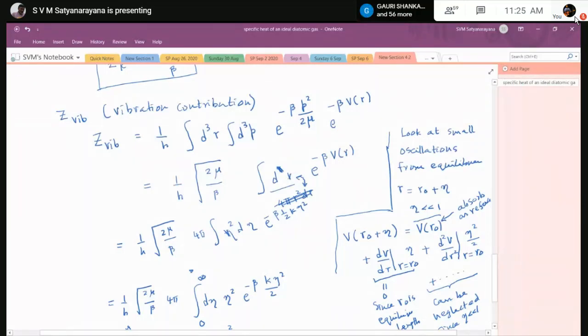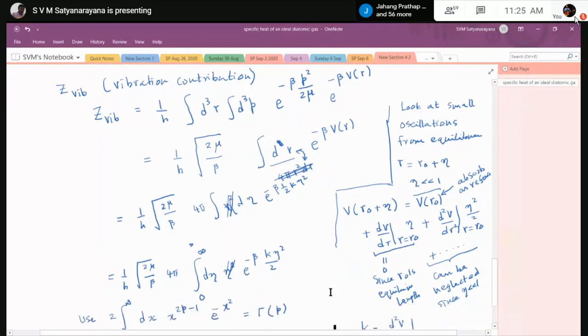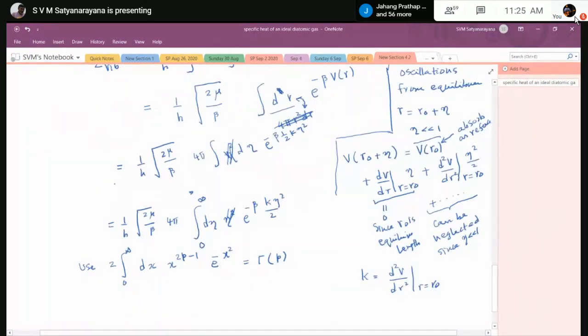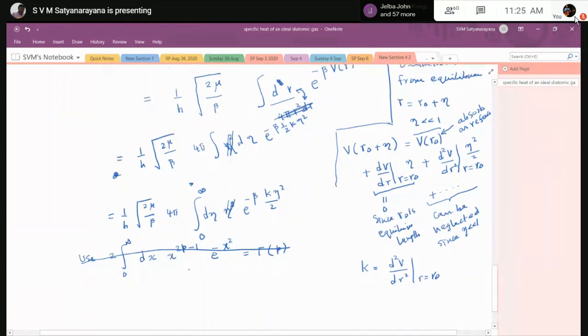That means this eta squared is not there. So then I don't require this gamma function. This is not required.